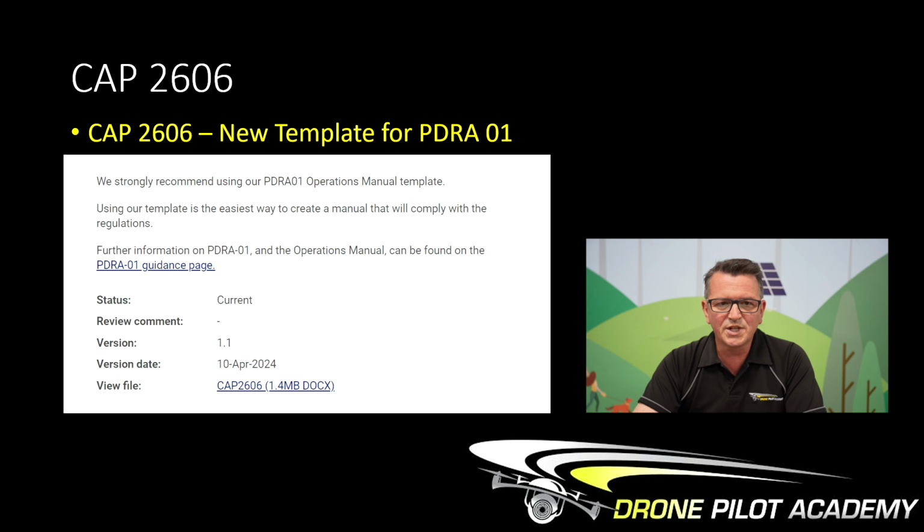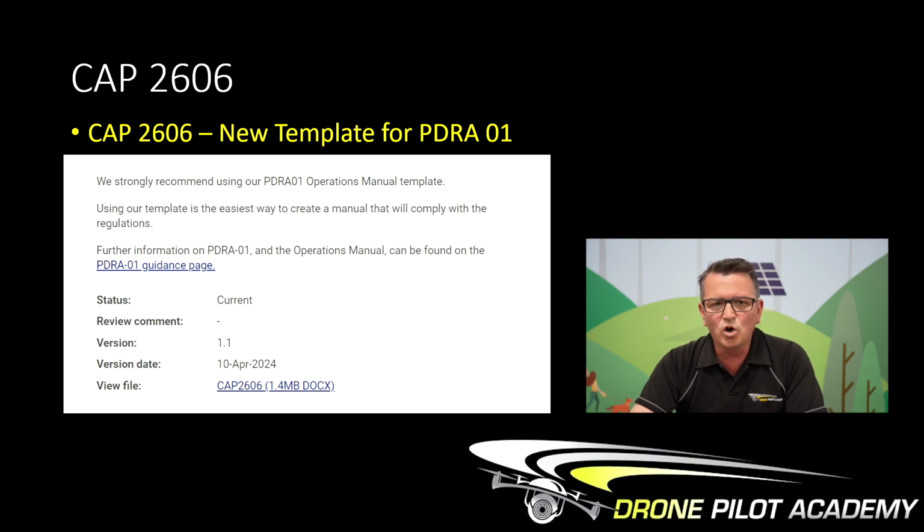So CAP 2606 is the new template issued for people applying for a predefined risk assessment 01. The CAA strongly recommend using their new template that they've published online, and if you look at this, it really is a cut and paste into their operations manual template with a few added bits as well.